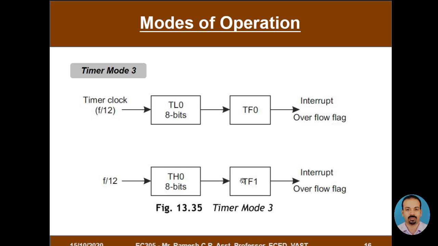So now timer 0 is using its counter register to implement two separate 8-bit registers, and their overflow statuses are indicated by two flags. As we know, there is only one flag for a timer, so here timer 0 is borrowing the overflow flag from timer 1.